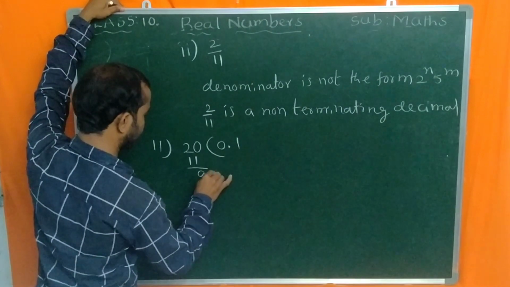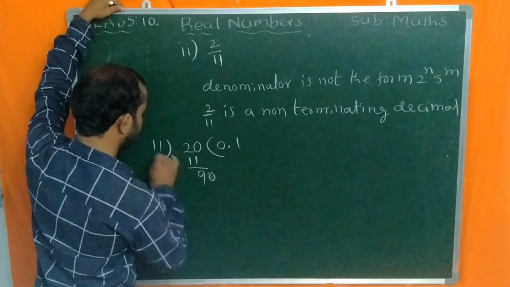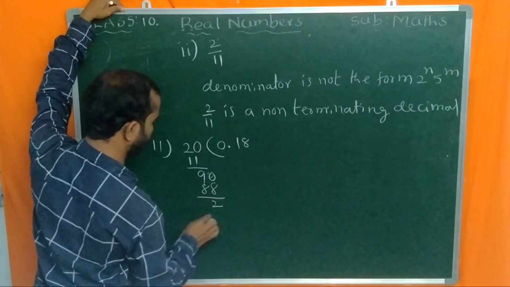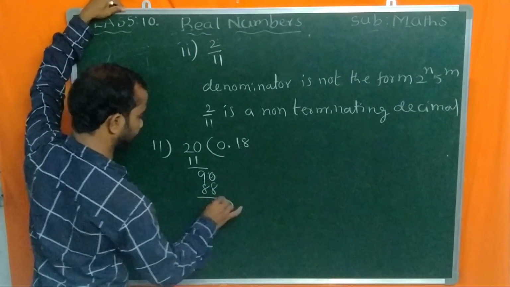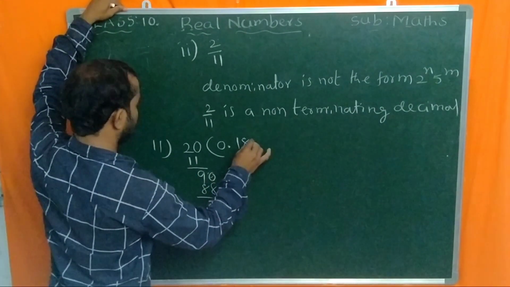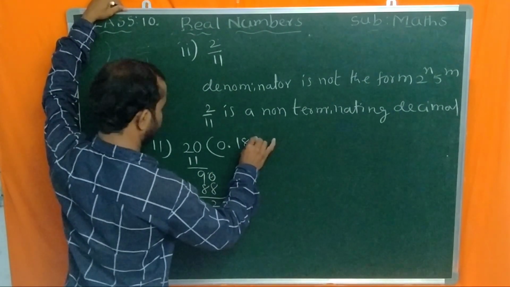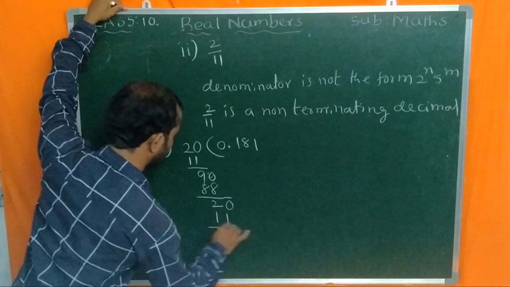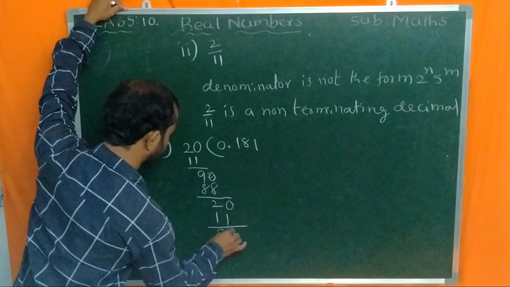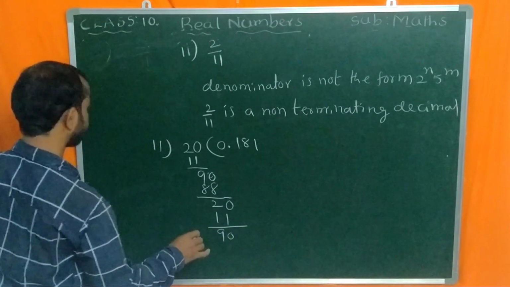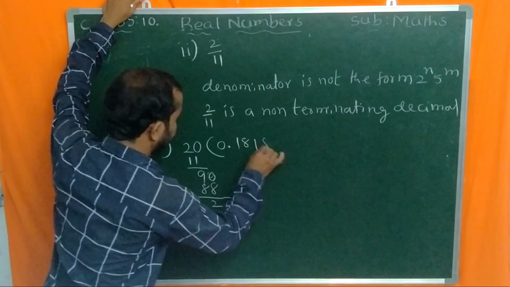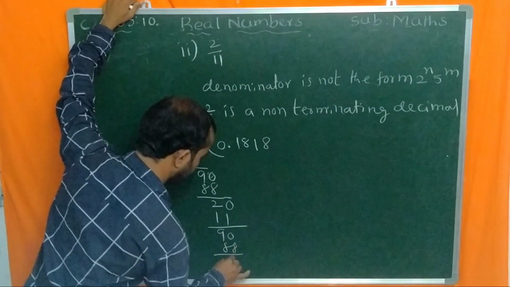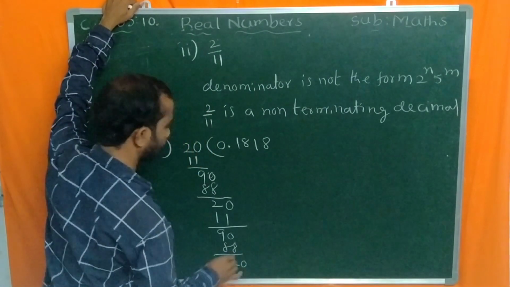So take another 0. 11 times 8 are 88, remainder 2. Next 0, 11 ones are 11, remainder 9, and 11 times 8 is 88, remainder 2.